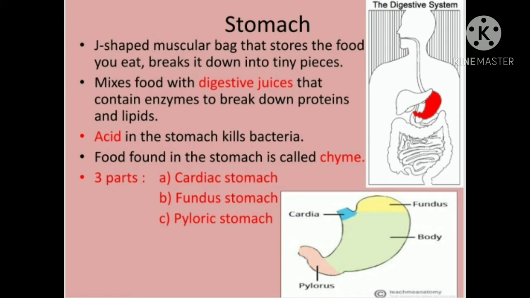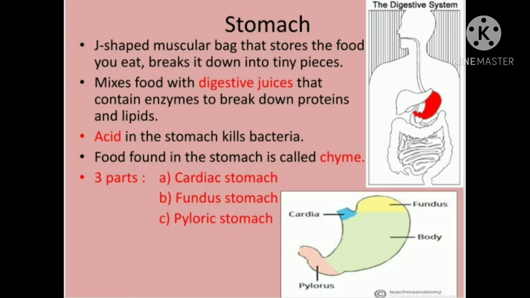So basically our stomach is divided into three parts. One more thing I would like to say regarding the stomach, that it is located in the upper left portion of the abdominal cavity. Here you can see the position of the stomach in the figure above, in the darker red color.